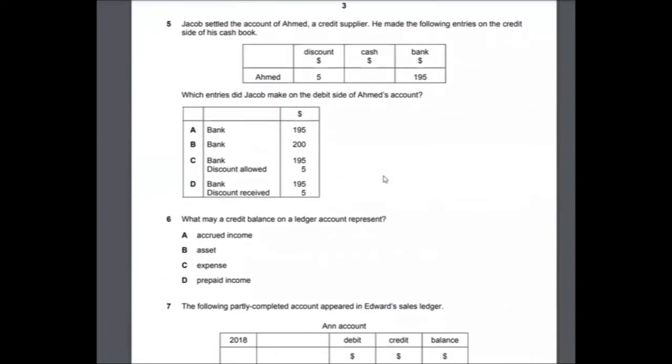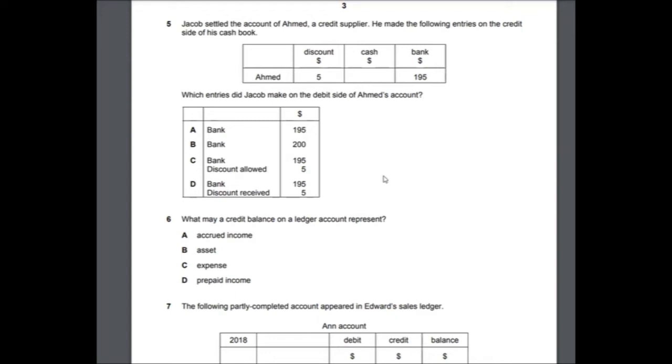Let's look at multiple choice 5. Jacob settled the account of Ahmed, a credit supplier. He made the following entries on the credit side of the cash book. Which entries did Jacob make on the debit side of Ahmed's account, right? So what entries would be on the debit side of Ahmed's account? Jacob received a discount.